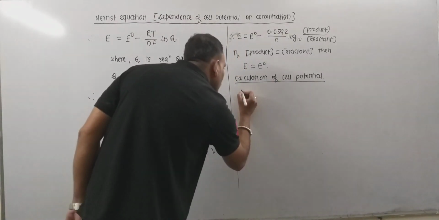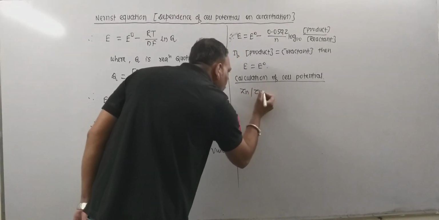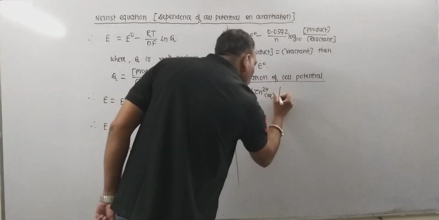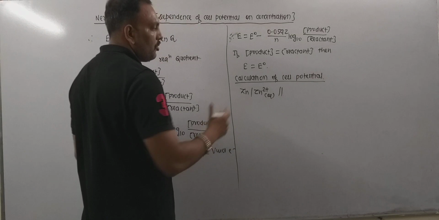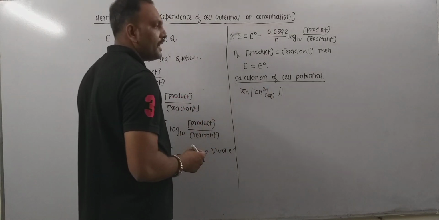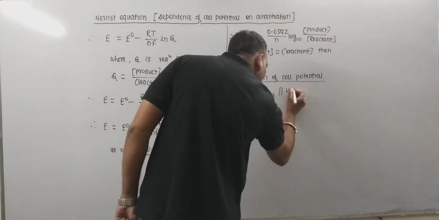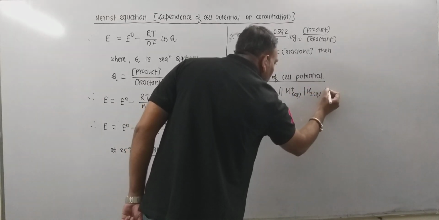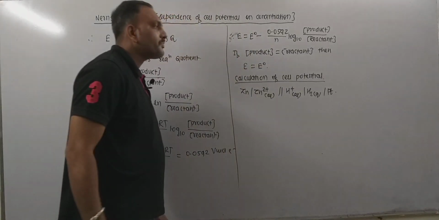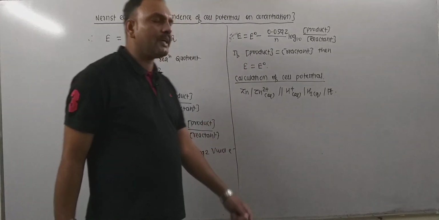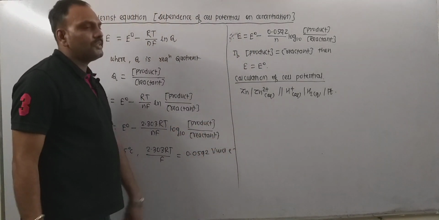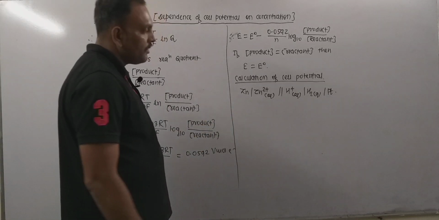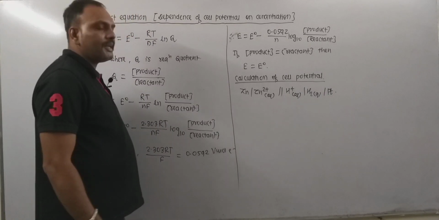Now consider a cell obtained by coupling two electrodes, one of which is a zinc electrode which acts as the anode, that's why we are showing this at the extreme left, and the other is a hydrogen gas electrode. So by coupling these two electrodes we are constructing a cell. Now we need to calculate the potential of this cell.